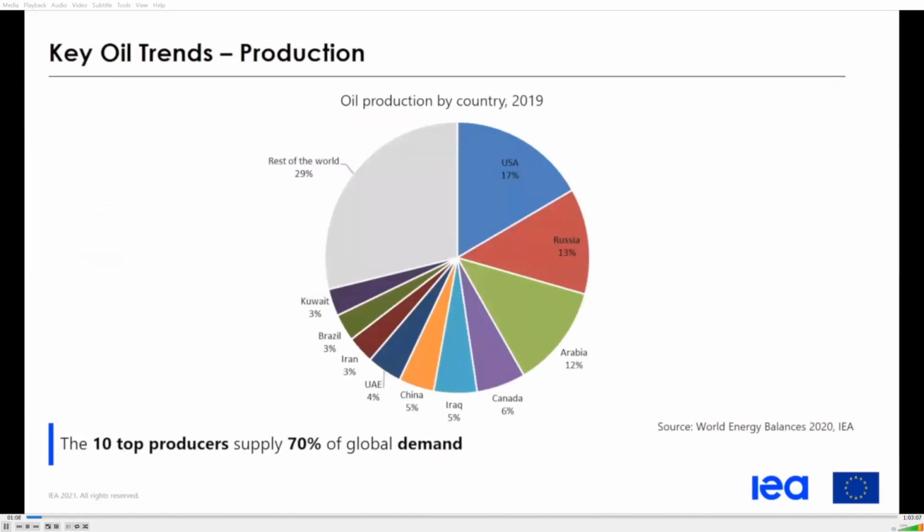And among those 10, we have 3 key actors that represent a third of it. So an energy landscape that is far from equally distributed around the globe. Here we are talking about crude oil, but this is not the only part of these categories. We also discuss refined oil products, secondary oil products.